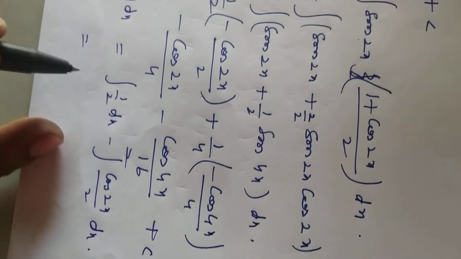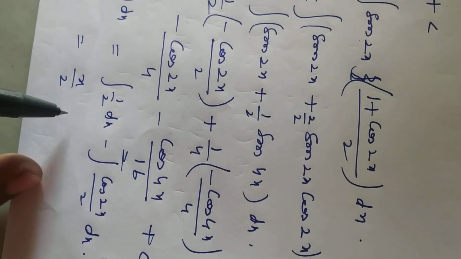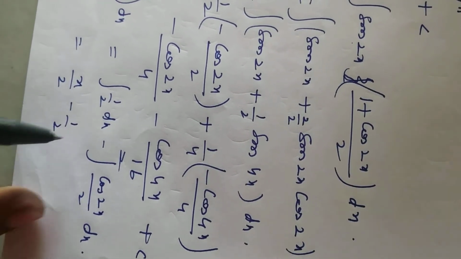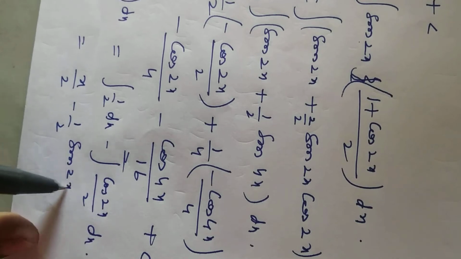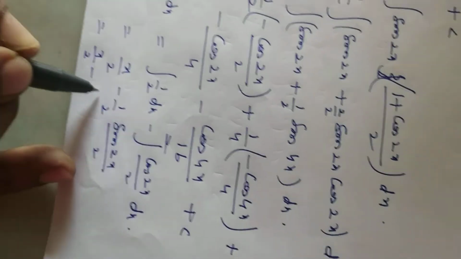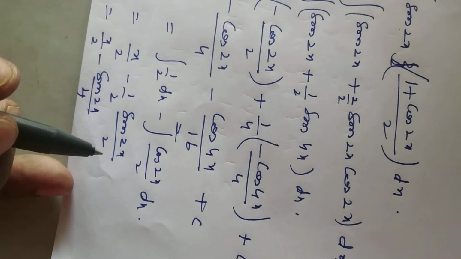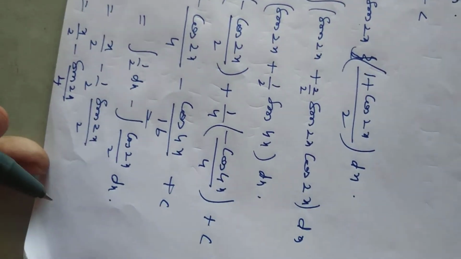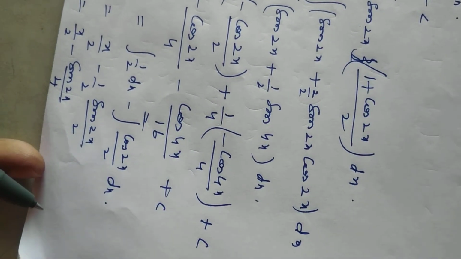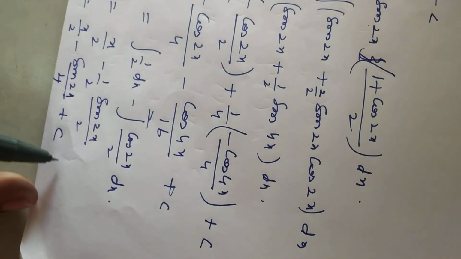So which is equal to half, the integration is x by 2, 1 by 2 is a constant, minus 1 by 2 of cos 2x, whose integration is sin 2x by 2, which is equal to x by 2 minus sin 2x by 4, plus c. So this is the final answer.